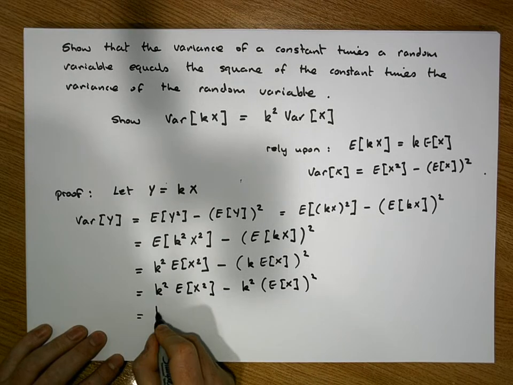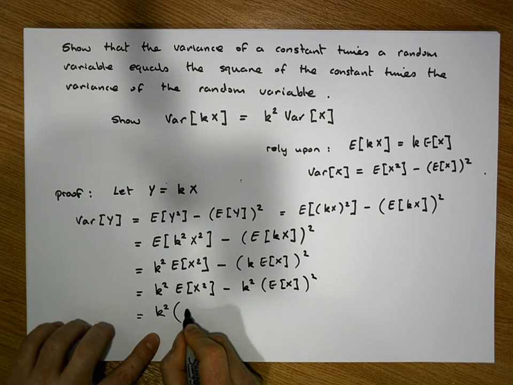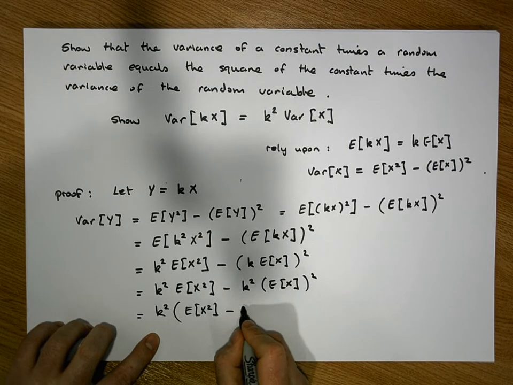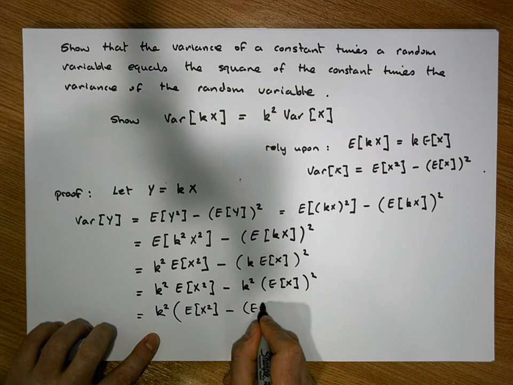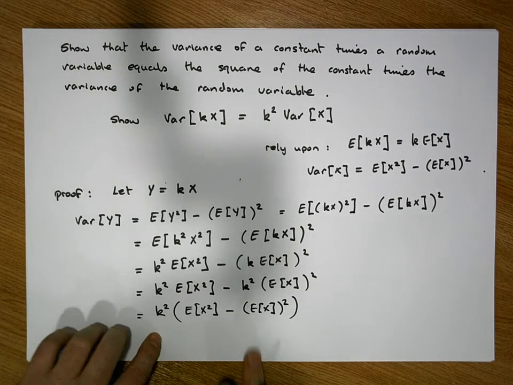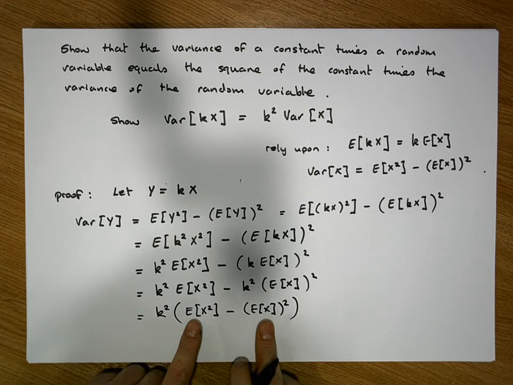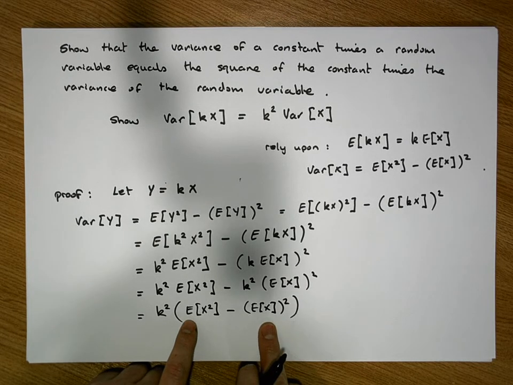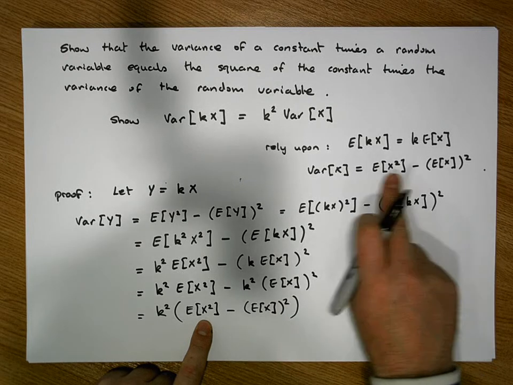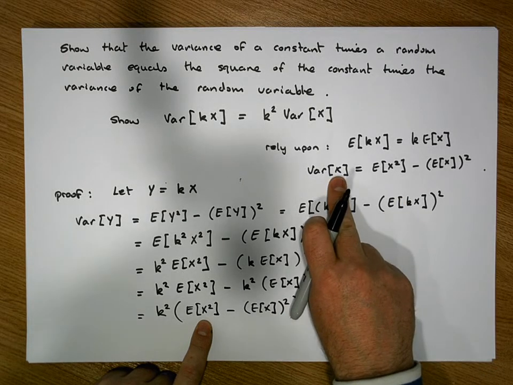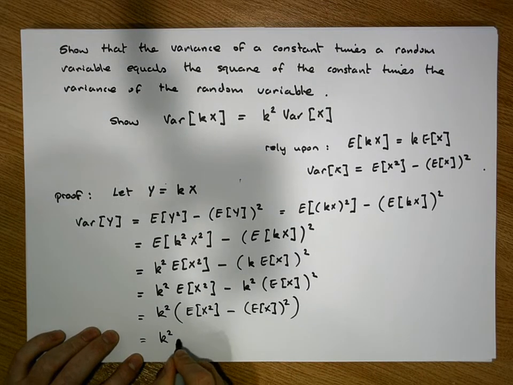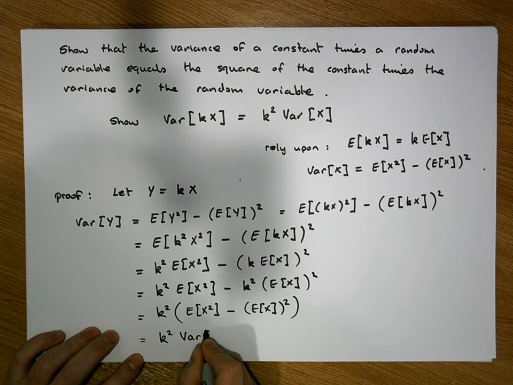This becomes k squared times the expected value of x squared minus the expected value of x, all squared. Now by definition, we know that this particular term here, the expected value of the square of a random variable minus the square of its expected value, is the same as the variance of the underlying random variable. So actually this now becomes equal to k squared times the variance of x.